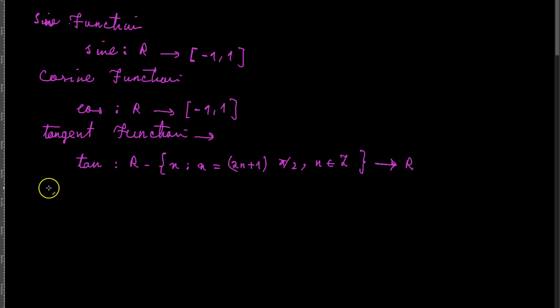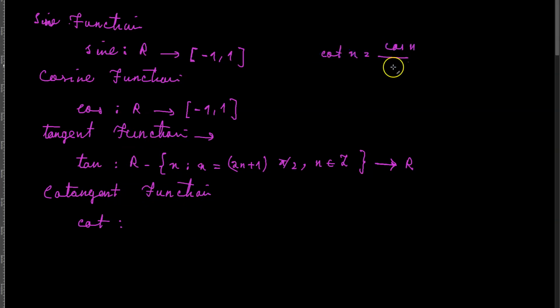We also talked about the cotangent function. And we said that the cot function is actually nothing but cot of x is cos of x by sine of x, right?